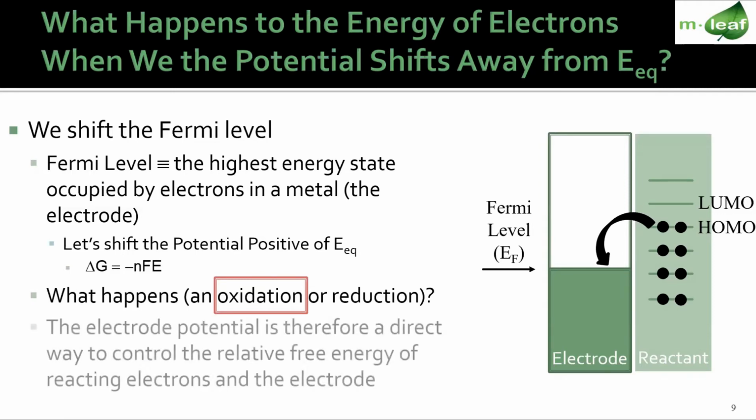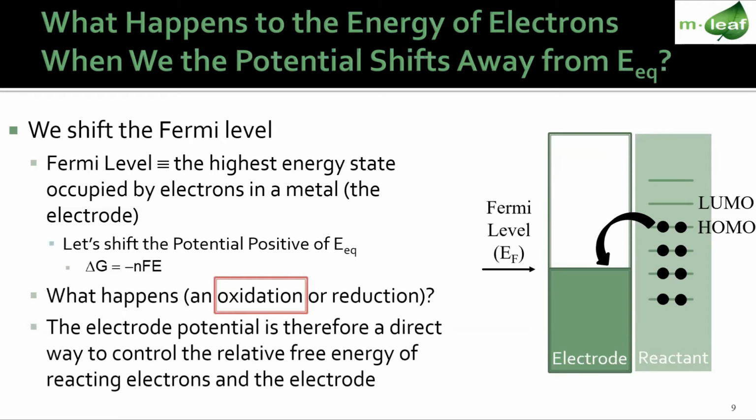And so one of the interesting things here is that we're actually controlling the free energy of electrons in the metal with the potential, and that drives a reaction one way or another. What this also means is that when the electrode potential goes positive of the equilibrium potential, we have an oxidation. And I'm going to link this a little bit later on to what's actually happening in a real device, and even some of the things that you guys will do in senior lab with your fuel cell experiment.